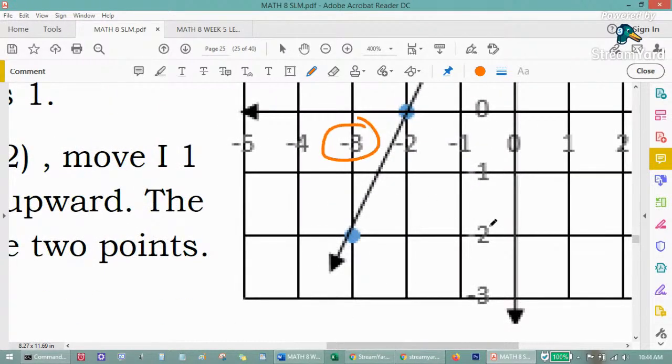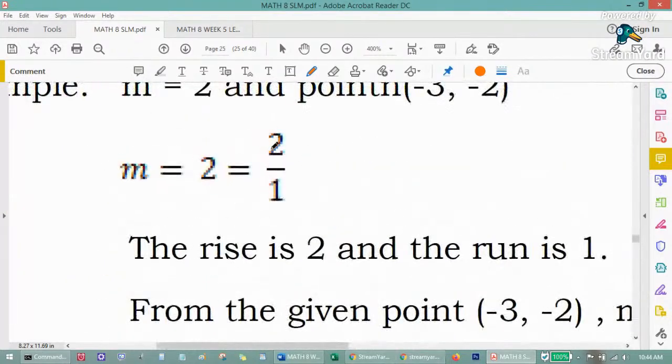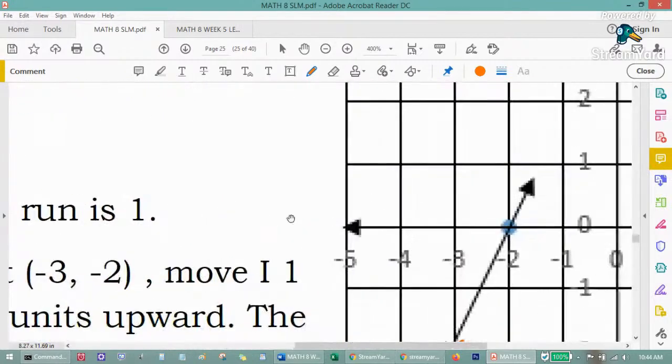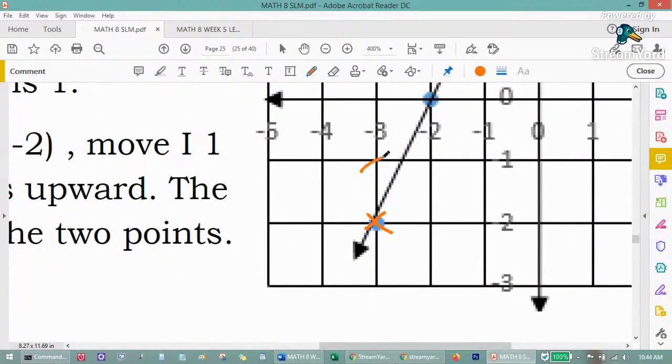X is negative 3 and Y is negative 2. Ayun yung point. Okay? Ito. So, ang rise natin is 2. Positive. So, ibig sabihin, aakyat tayo ng 2 places. 1, 2. Tigil tayo dyan.